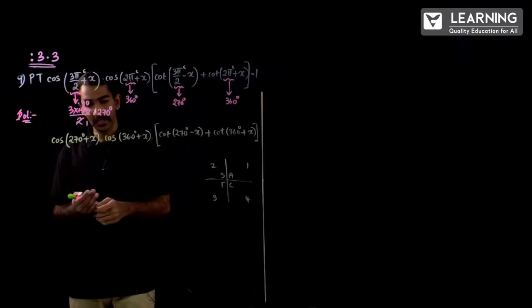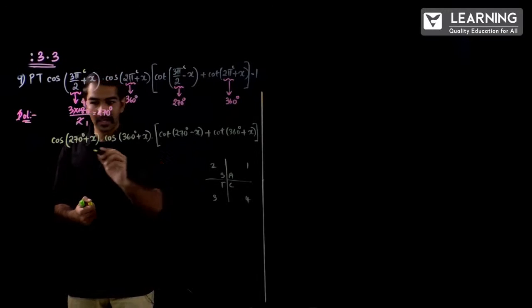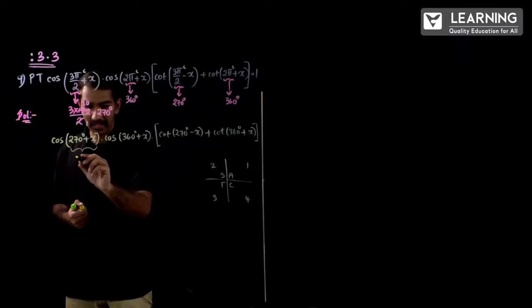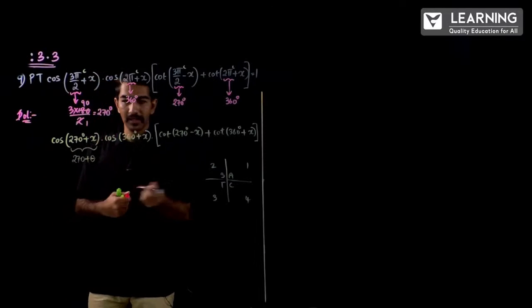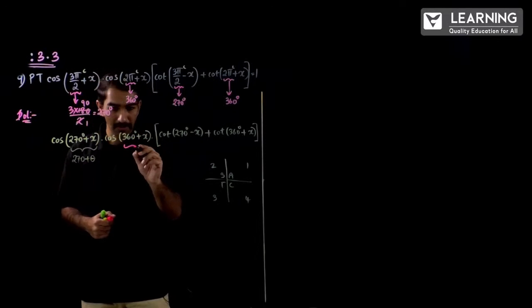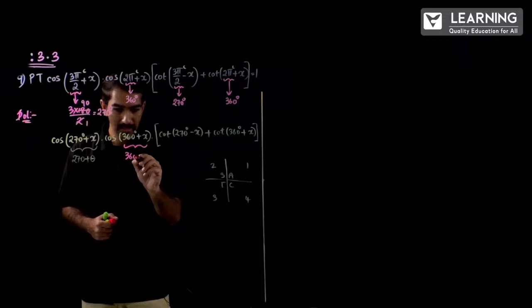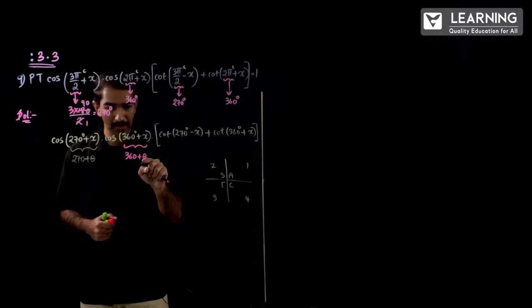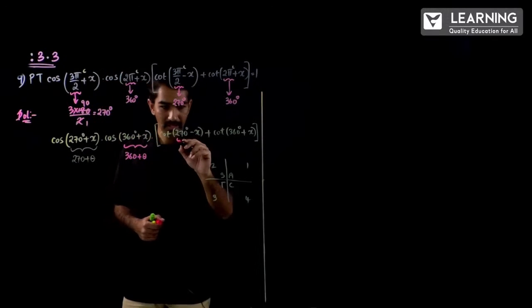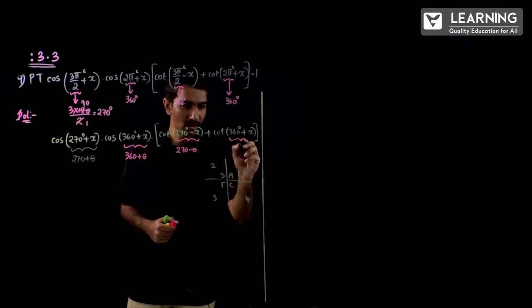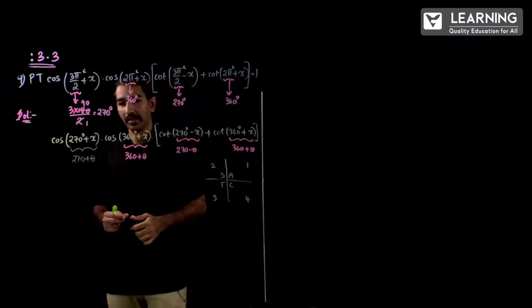Now the second step, identification. 270 plus x is in the form of 270 plus theta. 360 plus x is in the form of 360 plus theta. What is in the place of theta? x. And this one is in the form of 270 minus theta, and this one is in the form of 360 plus theta.